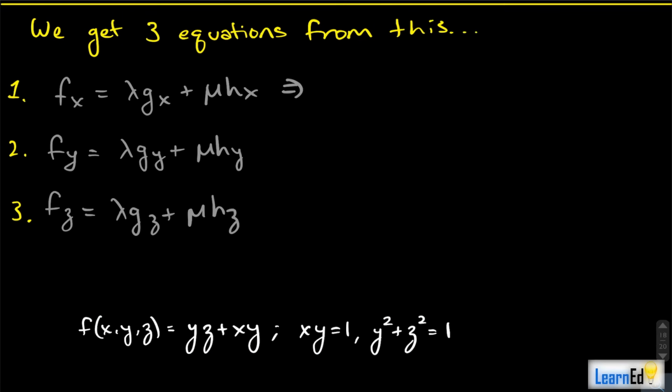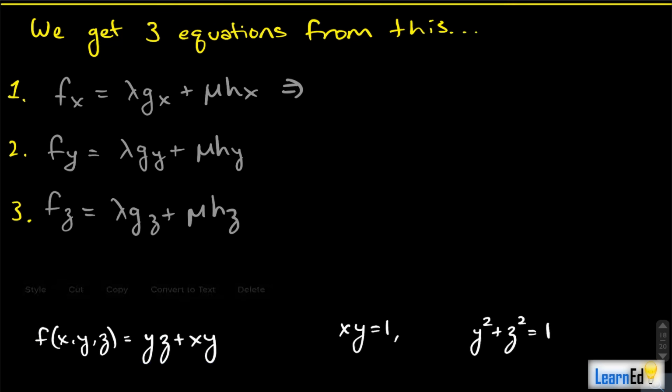Okay, so now we have our different constraints. And I'm going to break this up a little bit, because we have to figure out what g and h are. That's maybe something you've been wondering. So if this is f, then this guy is g. So g is going to be a function of x, y, and z.